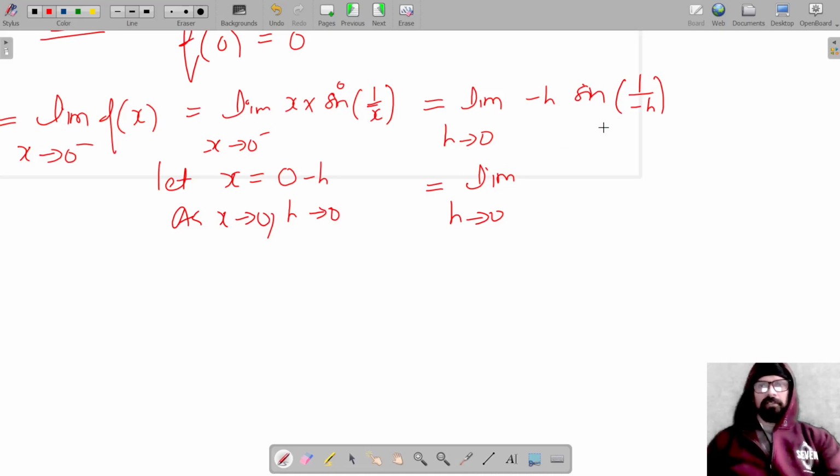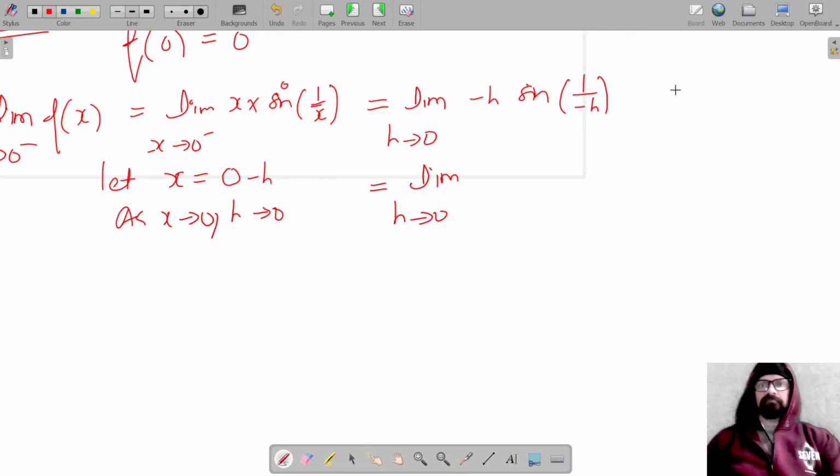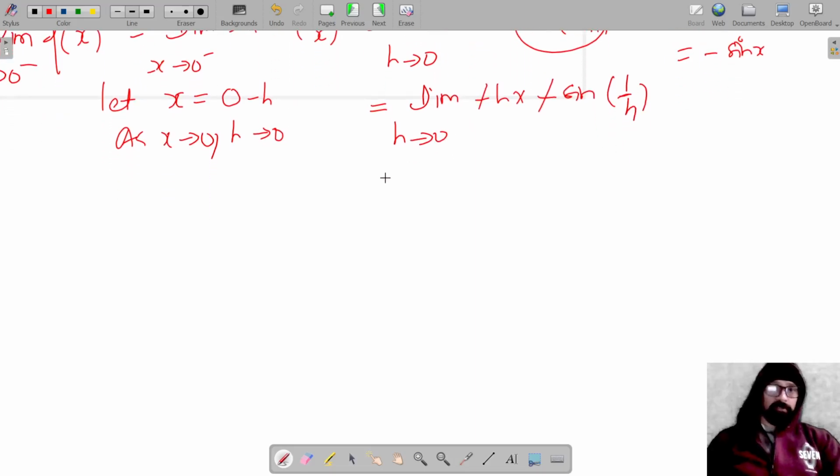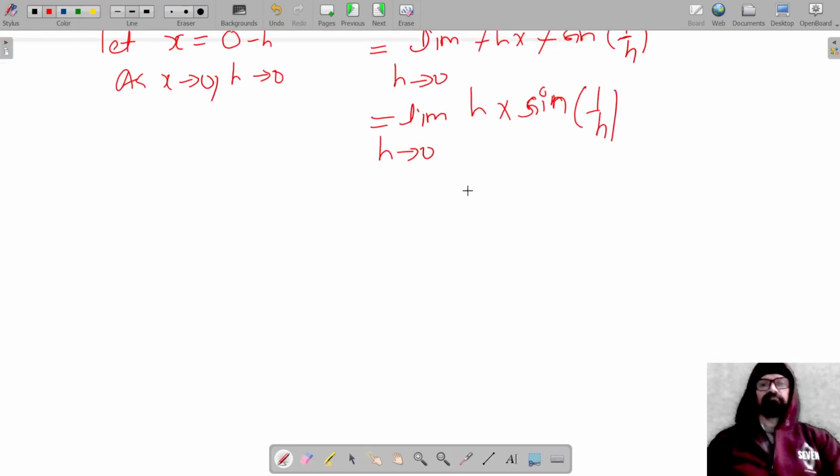Now we know that sine of negative x can be written as negative sine of x. So this becomes negative h into negative of sine of 1 by h, which gives us limit h tends to 0, h into sine of 1 by h.